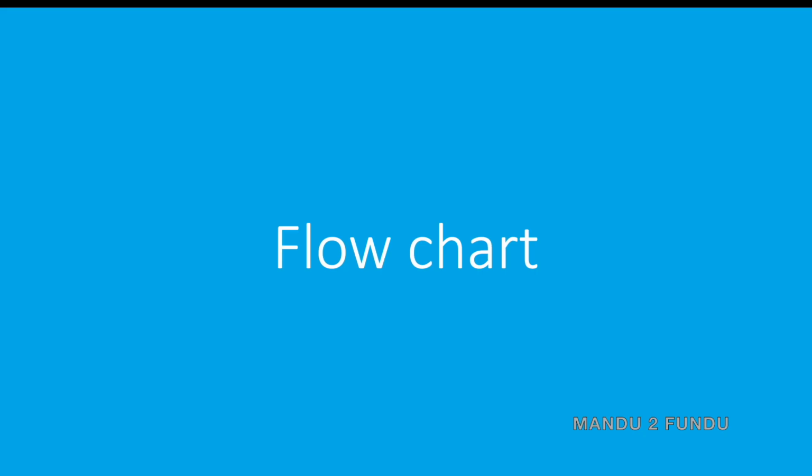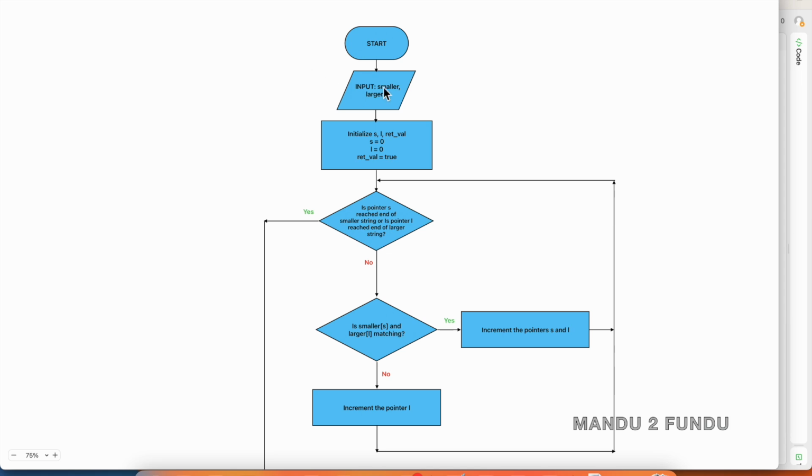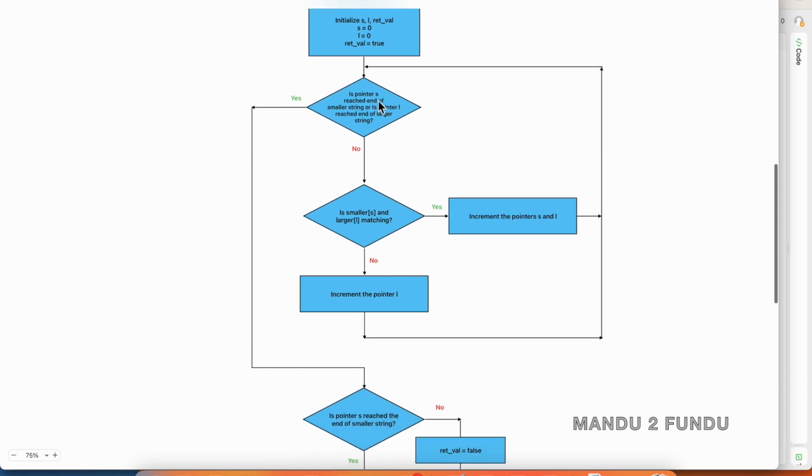Let's look at the flowchart. Input for this procedure is two strings, one smaller and one larger, and we initialize the indexes S and L to 0, and the return value is initialized to true. Basically this is a loop which iterates over the longer string, and we check whether pointer S has reached the end of the smaller string, or L has reached the end of the larger string.